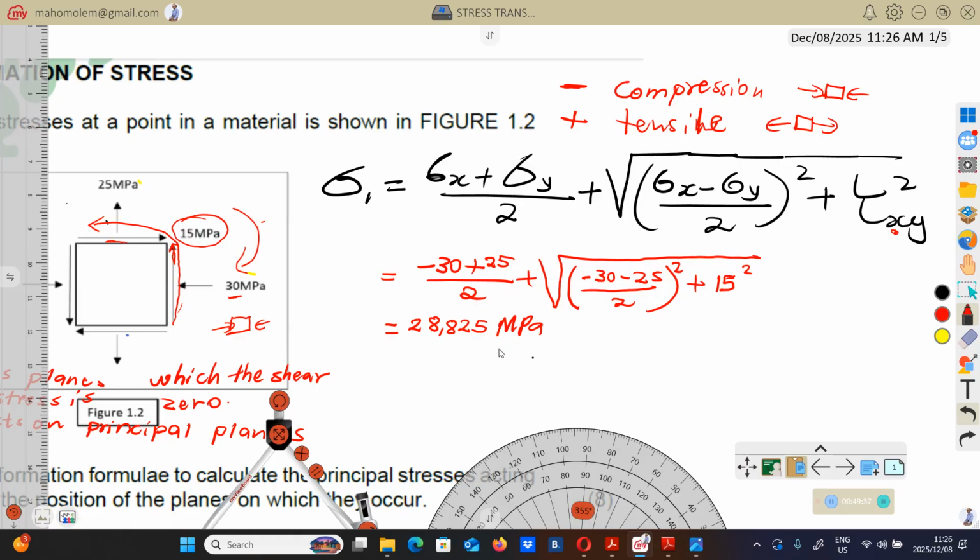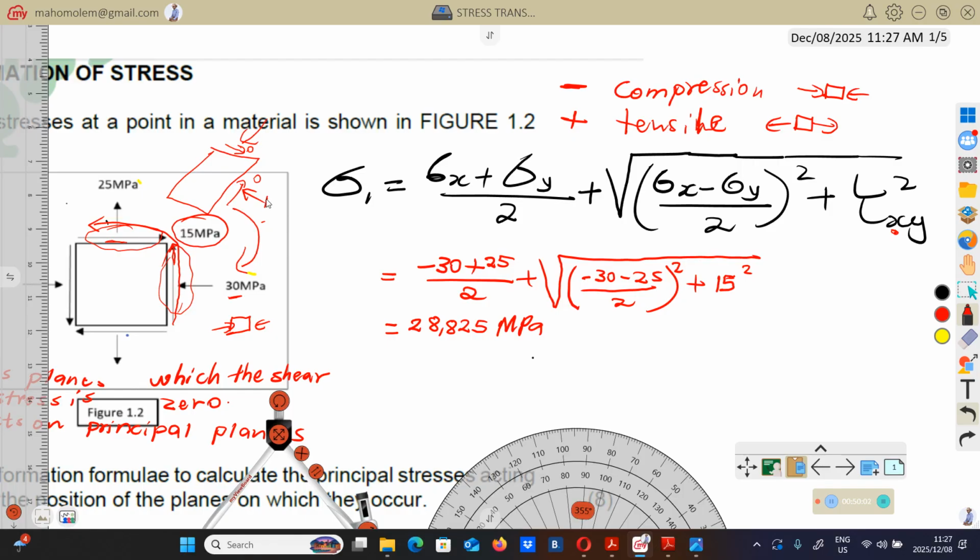So remember, we're going to have two planes. We're going to have this plane here and the plane here. So that's why we are going to have two stresses. So from that sketch that I've drawn before, I said that if shear stress is 0 here, the stresses that act here, we're going to call them the principal stresses.